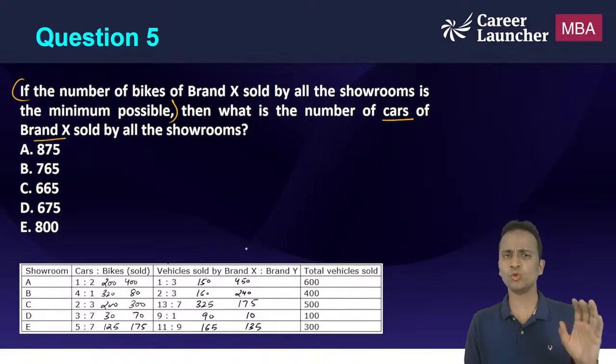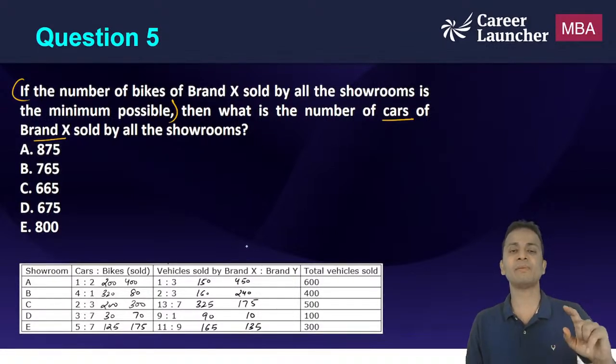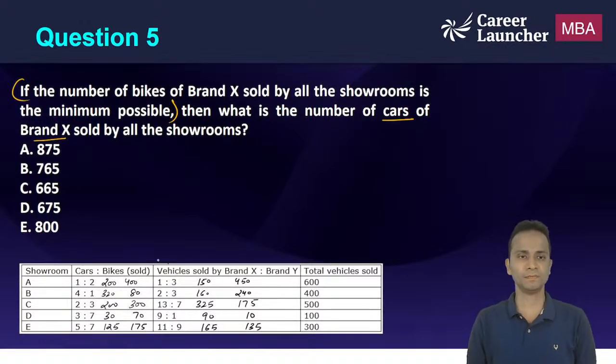Now you will have to use the same approach, but this time you will have to calculate something else. What do you have to minimize? Number of bikes of brand X. So you have to minimize the number of bikes of brand X, and what do you have to calculate?